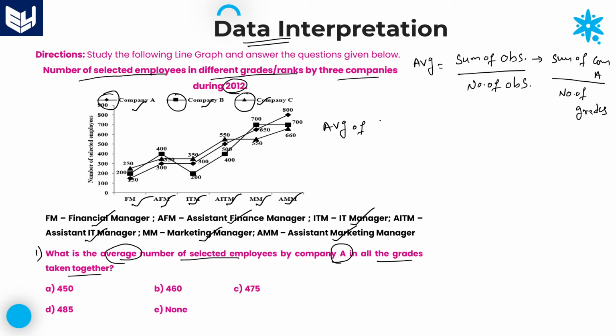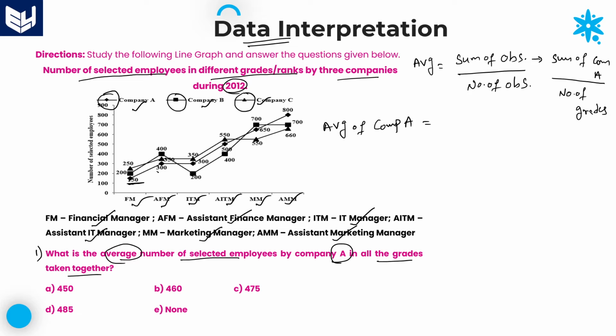Average of company A taken over all the grades together is equal to the sum of company A. First write down all the values of company A. Just now I told you that company A is the rhombus shape. First write down all the rhombus values. I'll just underline the rhombus values.